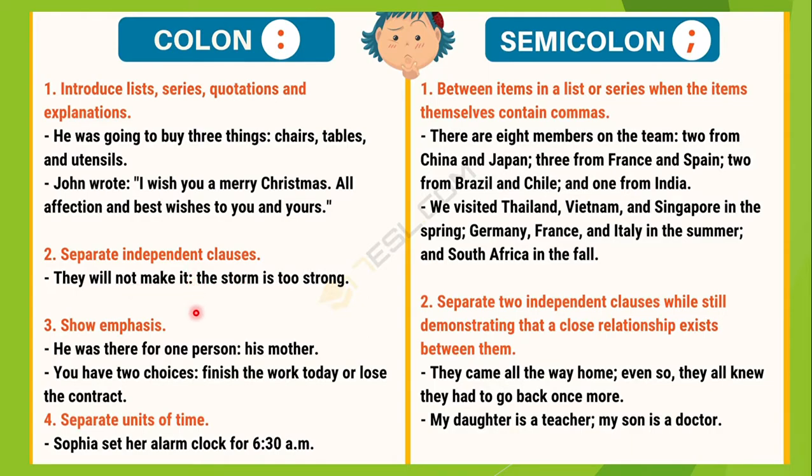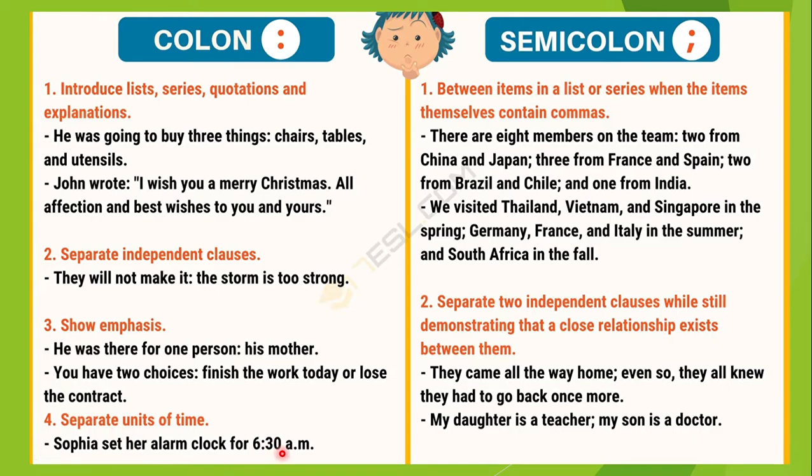Show emphasis: he was there for one person, his mother. I'm emphasizing his mother, who was the reason that he was there. Okay? And you have two choices: finish work today or lose a contract. So I'm being emphatic about the two choices that you have, and that's why I put the colon. And we also use it to separate units of time. Okay? Remember that we use it for minutes and hours.